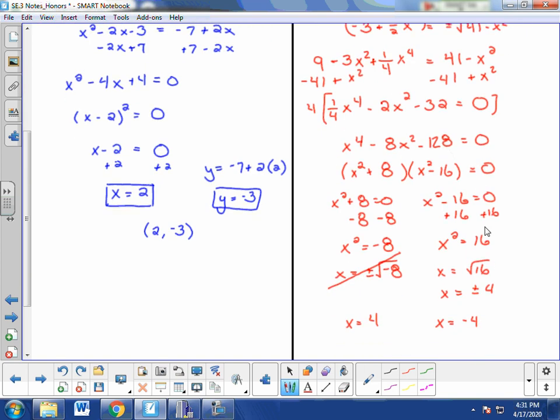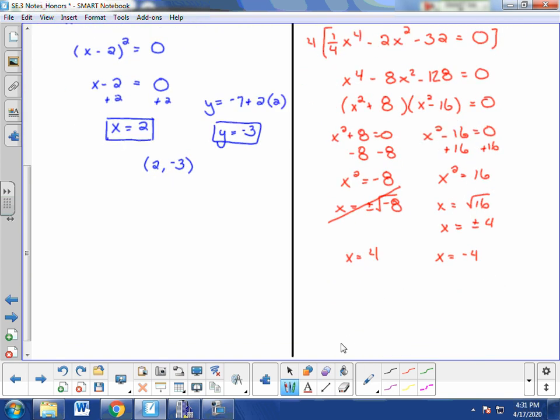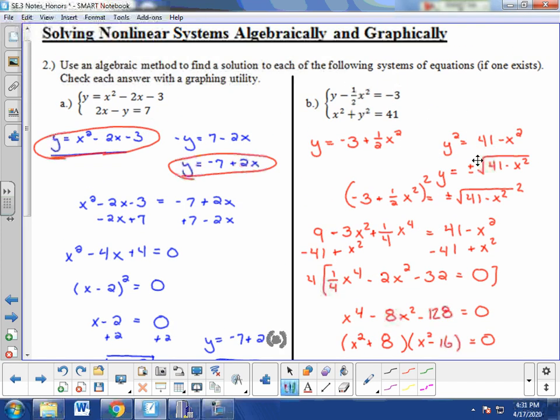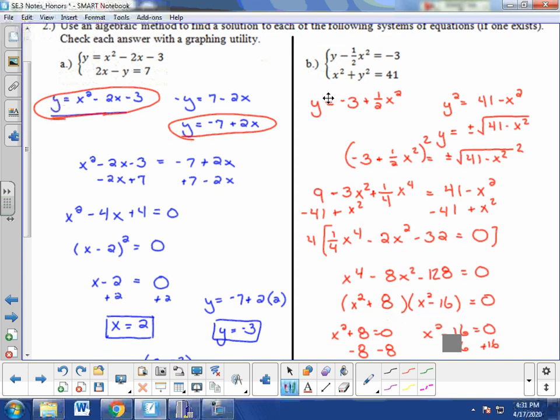Now, if I want to figure out what those common values have for y, here's one of my solutions for x, there's my other. I can go back to either of these equations at the top and substitute in x. I'm going to use this one over here on the left because it's not with a square root.